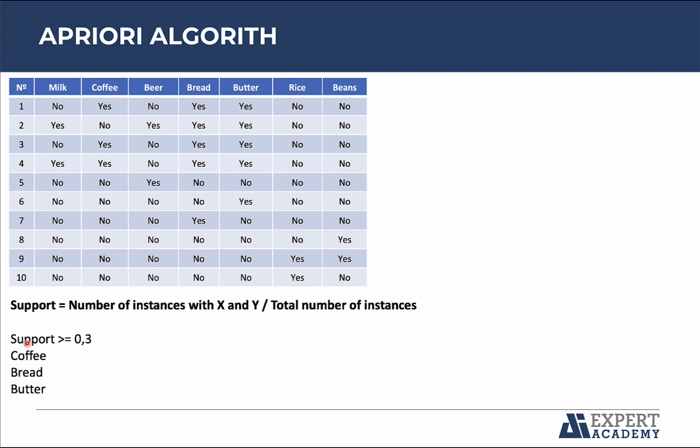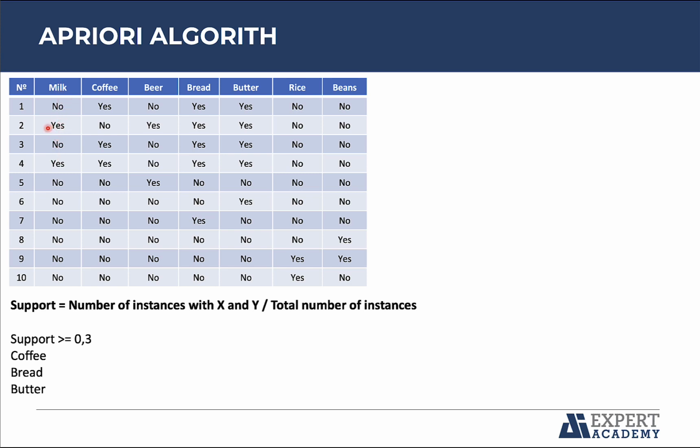Let's suppose that the support must be greater or equal to 0.3, which means 30% of the data, considering that there are only 10 instances. For example, we can count the support of milk.